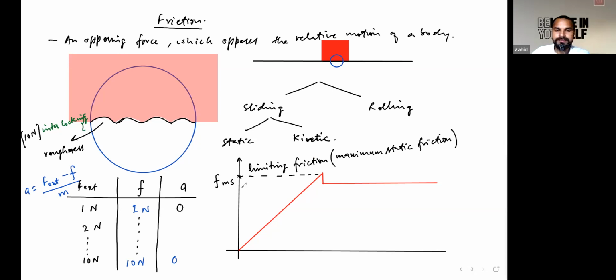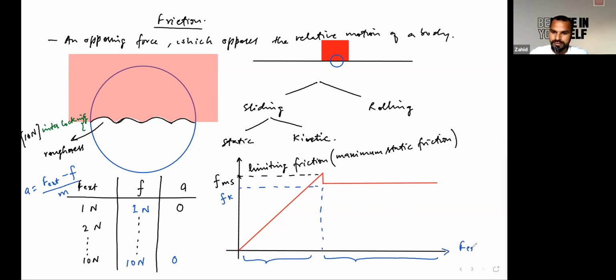And when body starts moving with constant acceleration, this force will become constant. We call this particular term kinetic friction. So up to this part, this term is static friction, and beyond which is termed as kinetic friction.